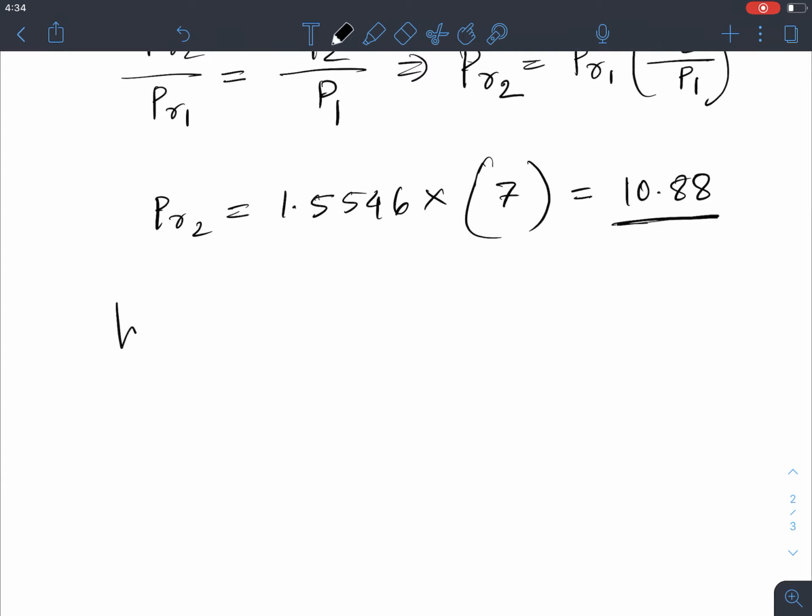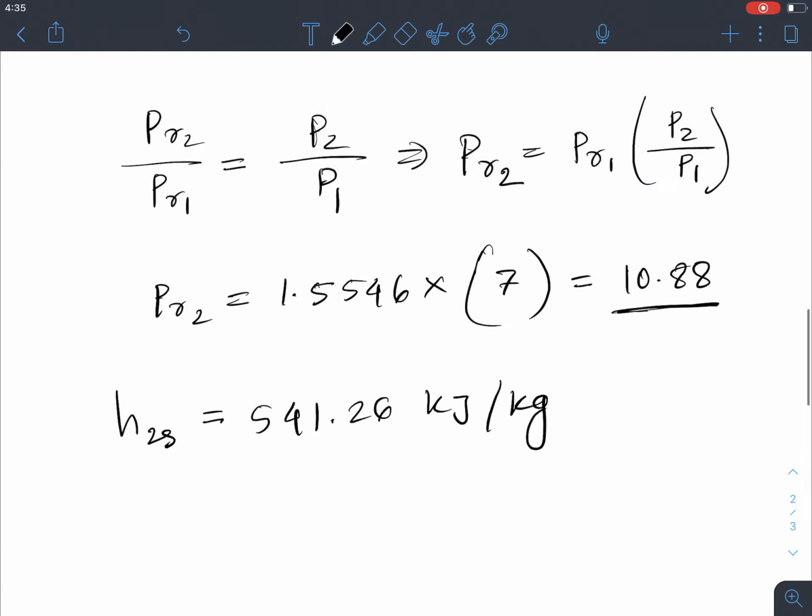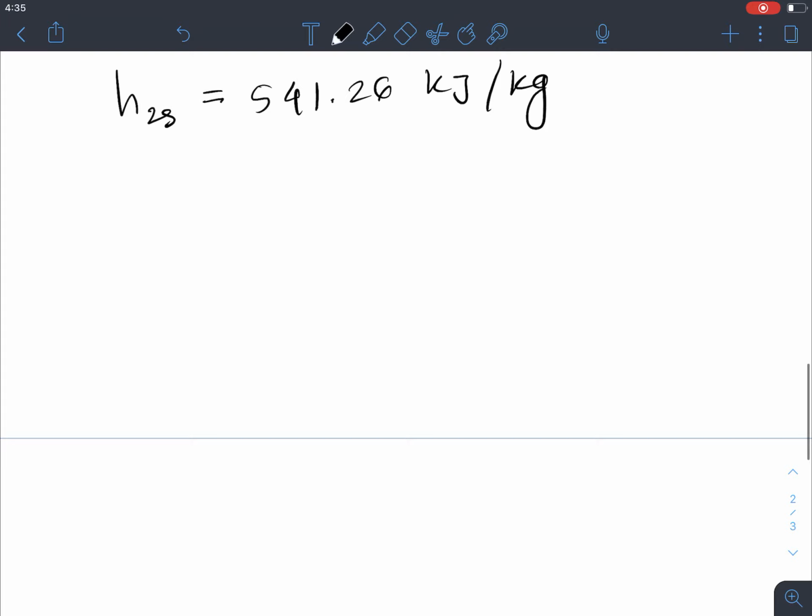So now I already recorded all of those. Based on this relative pressure, the enthalpy H2S equals 541.26 kilojoule per kg, right? And then we have H2S, H1, everything.